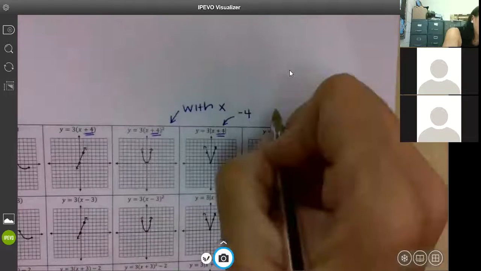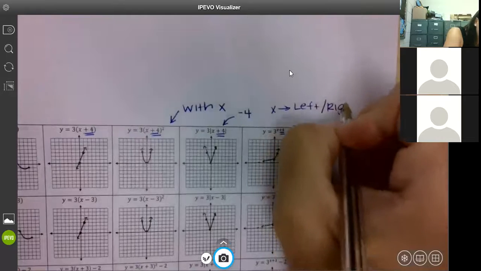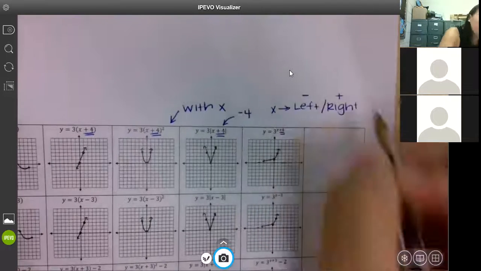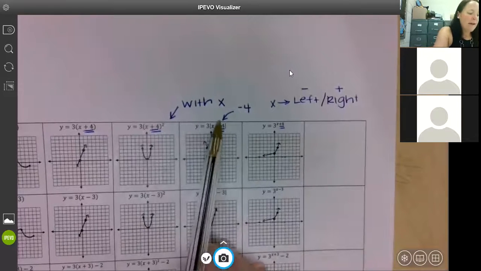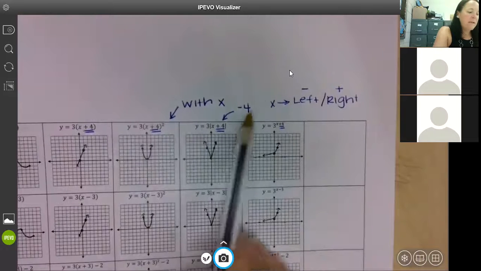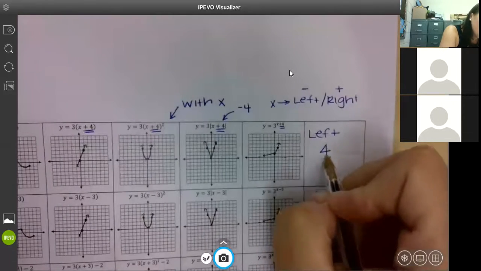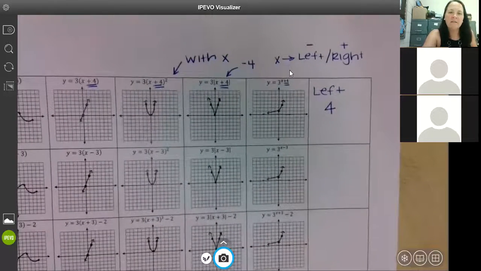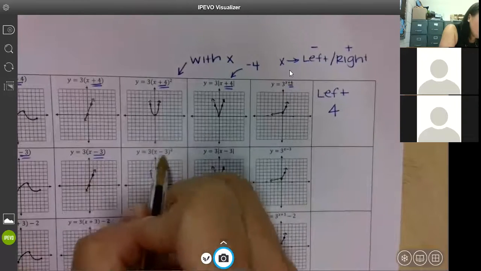So remember, X goes left to right, with left being a negative movement and right being a positive movement. So with the X's, you have to think backwards. I pull it out and make it a -4. Negative is a left movement. And then we did 4 units. So the X's are the ones you got to watch. Okay, but again, the more you do, the easier it gets. This will not be the hard stuff for you. What did we do on the next ones? What do we do to every one?